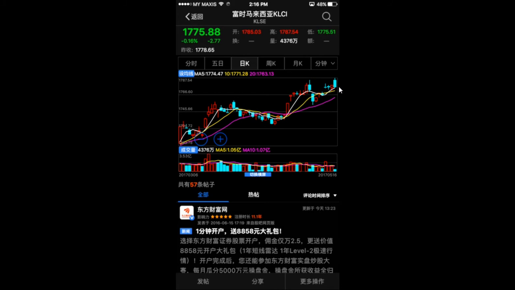Currently close, we still have 14 minutes before the market reopens, and at 1775 it still cannot break this resistance here, the short-term resistance. From the index, of course, it still gives you some sunshine about the future of the market, but individual shares are different.